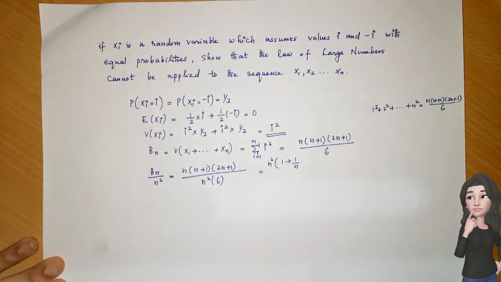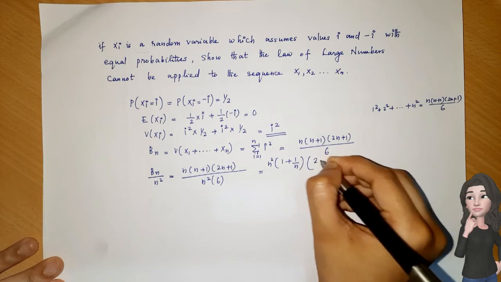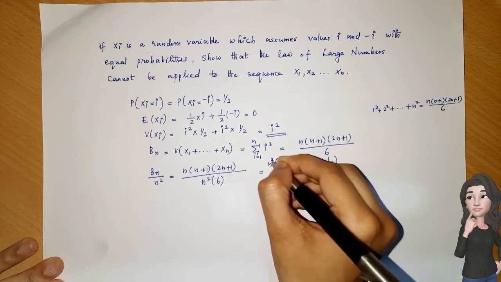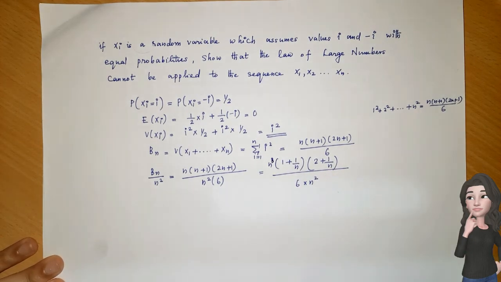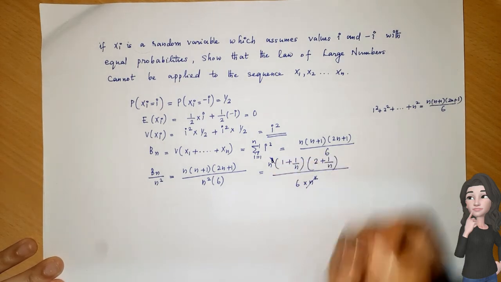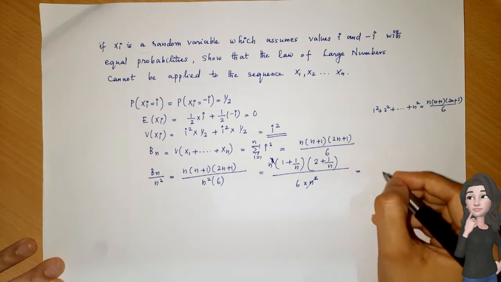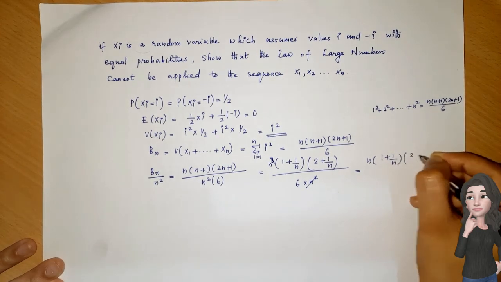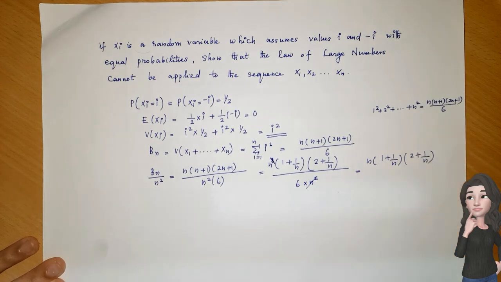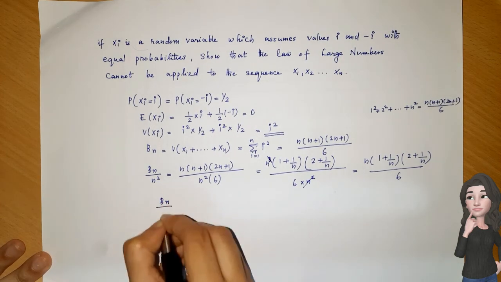From the other term also I am going to take an n outside, so that is 2 plus 1 by n. So this will be n cube divided by 6 into n square. So this term and this cancels. So this is equal to n into 1 plus 1 by n into 2 plus 1 by n divided by 6.